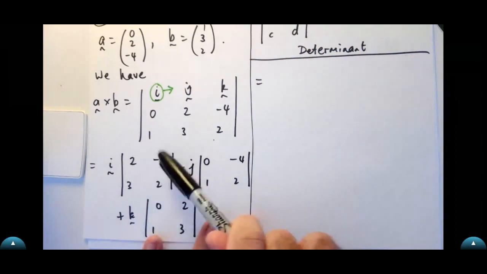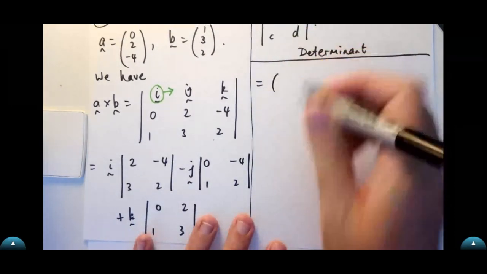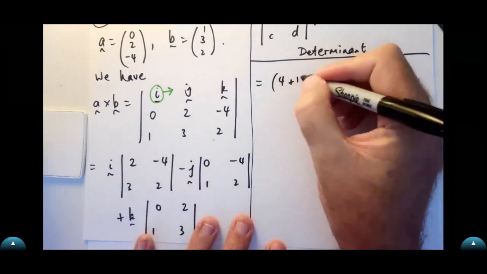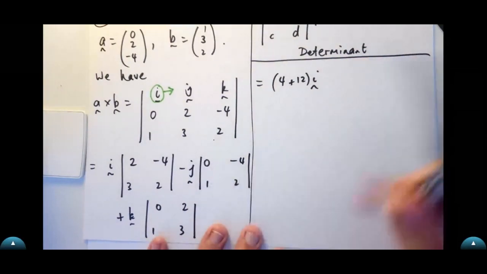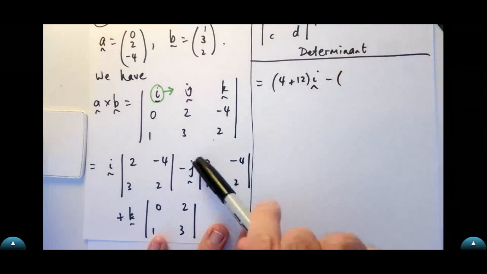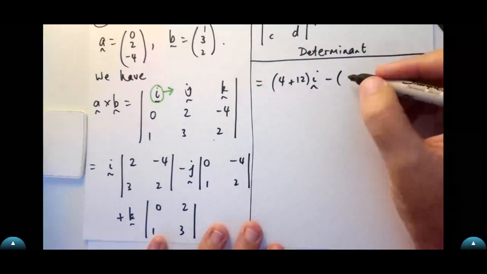2 times 2 minus -4 times 3. So you're going to get 4 plus 12. Okay, over here, you've got 0, 0 minus -4.